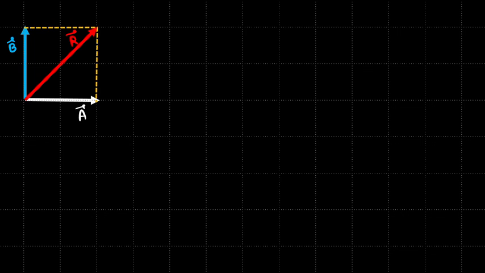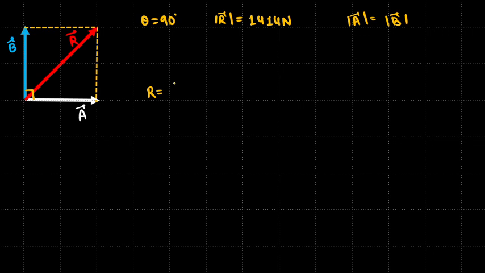According to the question, what we know is theta, the angle between vector a and vector b, which is 90 degrees, and the magnitude of vector r is 141.414 newtons. Also, the question tells us the magnitude of vector a is equal to the magnitude of vector b.